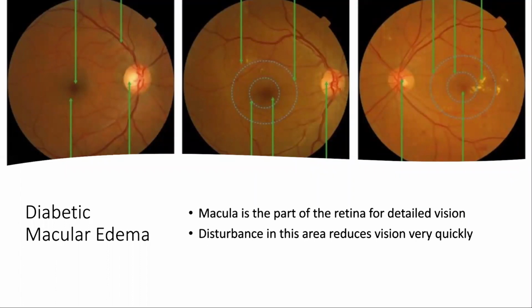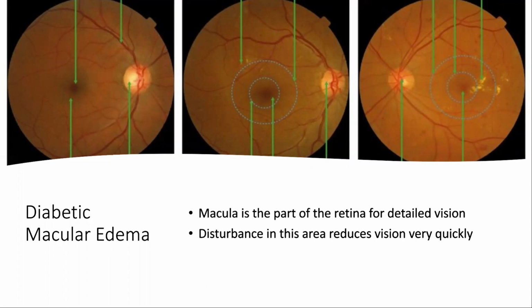Diabetic macular edema. So we went through non-proliferative retinopathy, then we had our proliferative retinopathy with new blood vessel growth. Diabetic macular edema can happen with either category. Macular edema involves, again, that central part of the retina where it's a little bit darker.